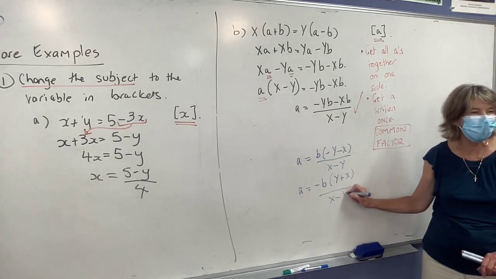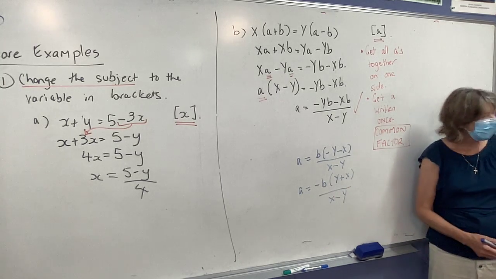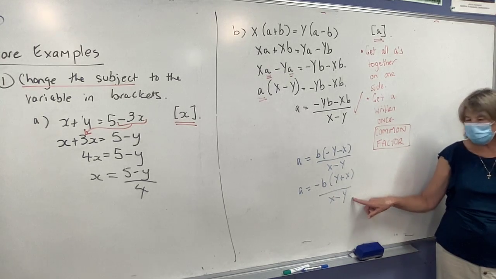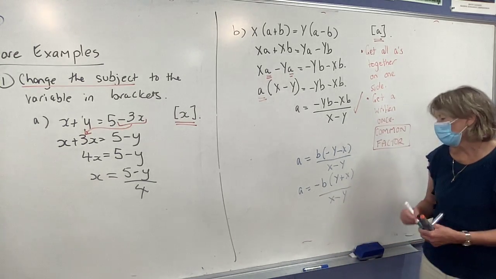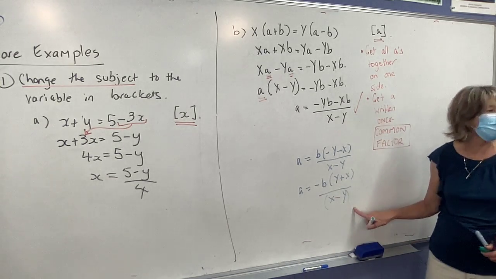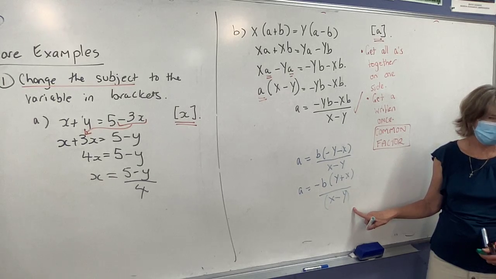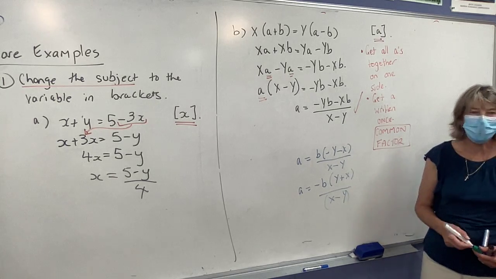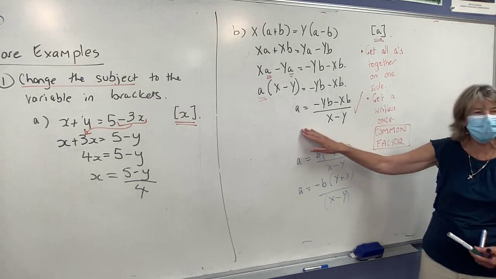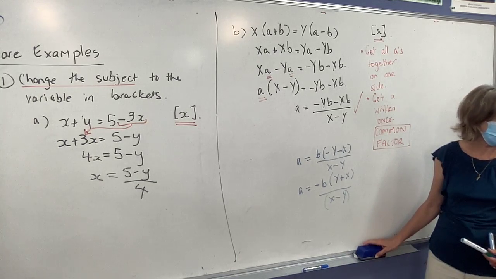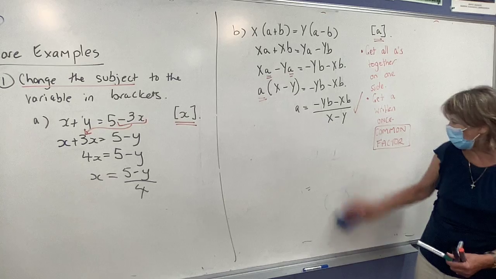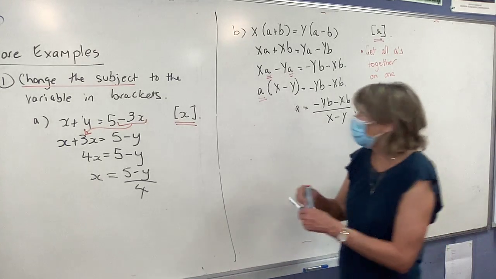So it makes no difference to go any further with that one. Occasionally though, those would have been identical. I would have then put the brackets around, and cancelled to simplify it. But they've only asked you to make A the subject, so we can stop there anyway. Any questions?